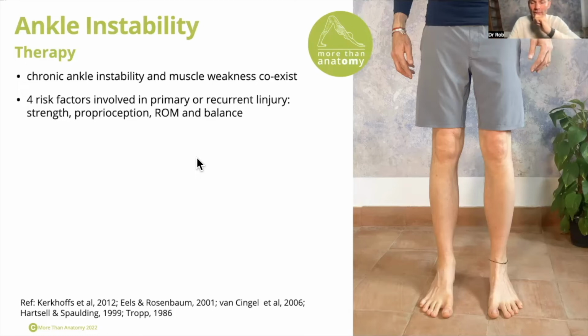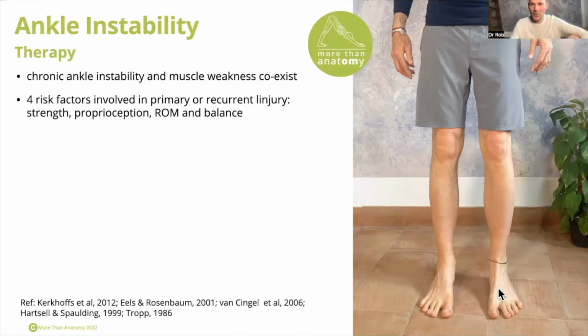And we want to make sure that they can do that in a balanced way. In some instances, you may find an ankle is moving too much in a certain direction, and in other cases, you may find it can't move enough in a certain direction.